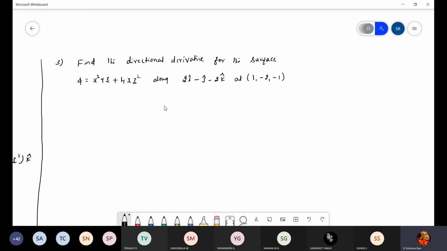So negative numbers you have to substitute. You should be very careful. Also find the maximum directional derivative.